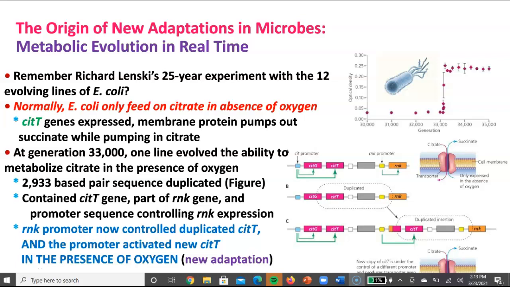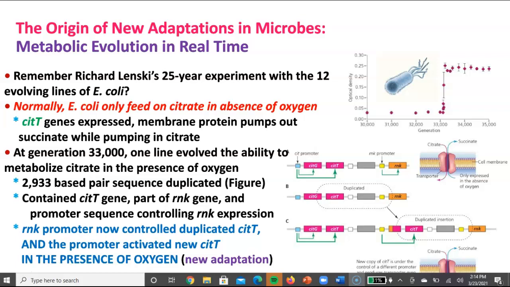So check out the figure. Basically, that's part B down there on the bottom of the figure. And that duplication contained a copy of the CYP gene. It contained part of what's called the rank gene, RNK, and the promoter sequence that controls the expression of the rank gene.